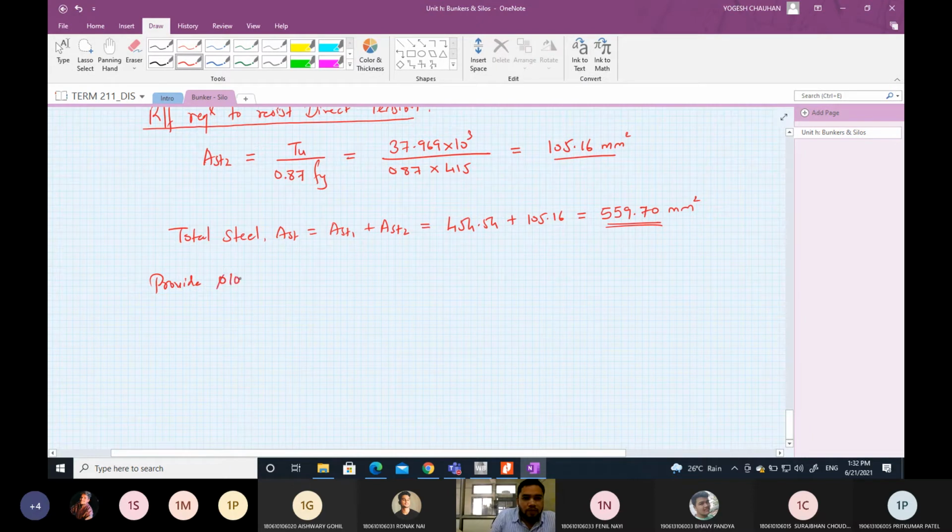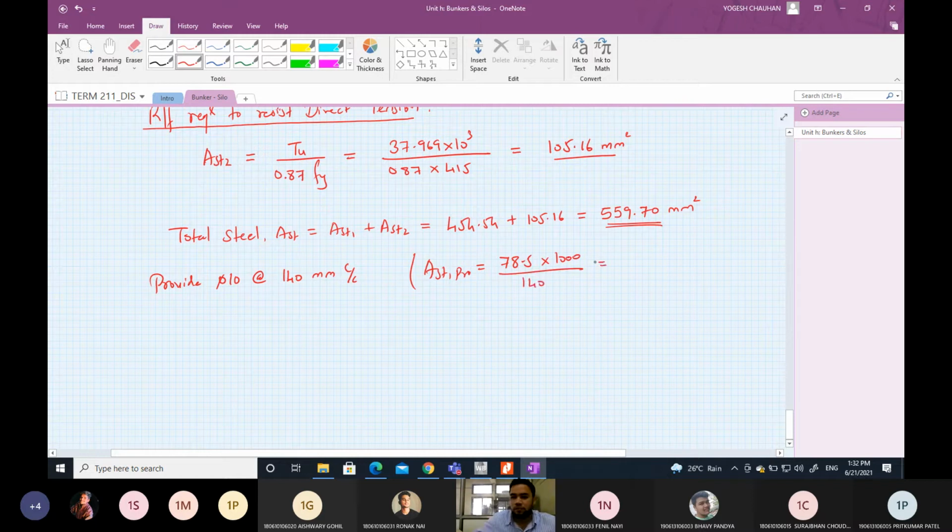Okay. So now let us provide 10 mm diameter bar at a spacing of 140 mm center to center. So this will give you AST provided, you can verify that, for 1 meter width: the area of the single bar, that is 78.5 for 10 mm bar, into 1000, the 1 meter width, divided by 140.